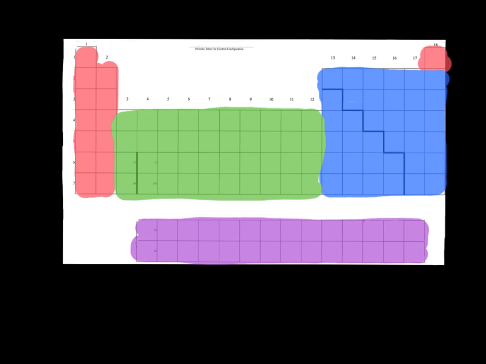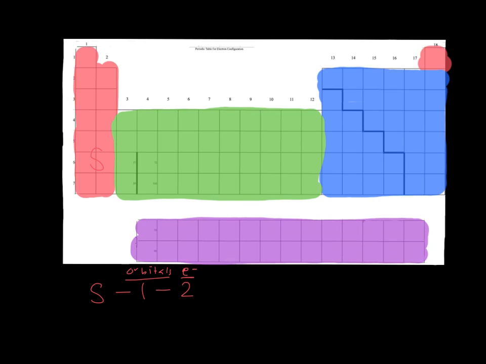And so this first pink area, along with helium, all the way over here, is called the S block. And if you remember, the S sublevel has one orbital and it can hold 2 electrons. So that's the number of electrons it can hold, and this is the number of orbitals it has.